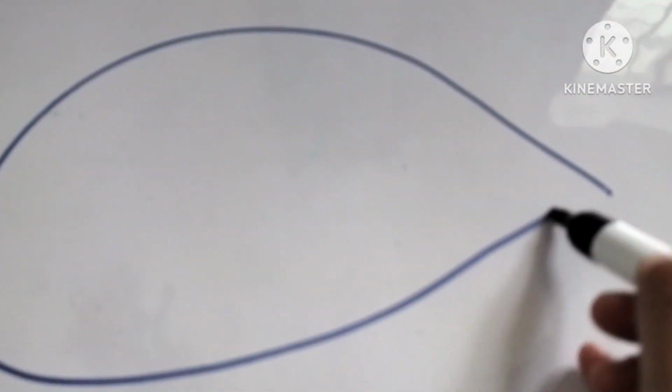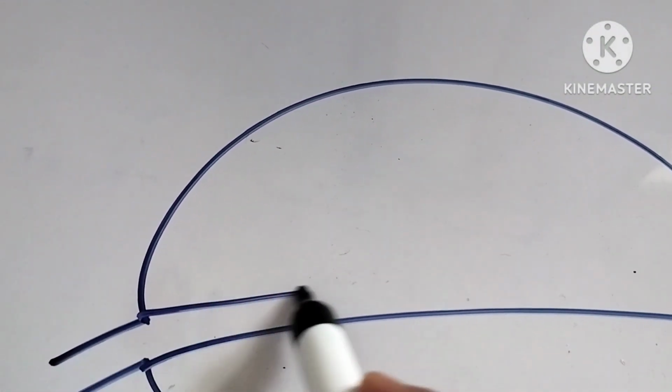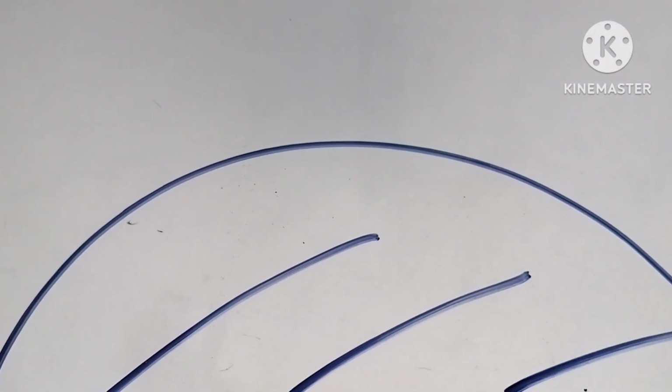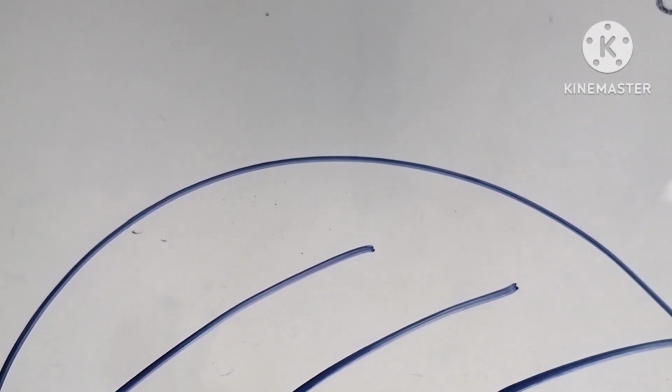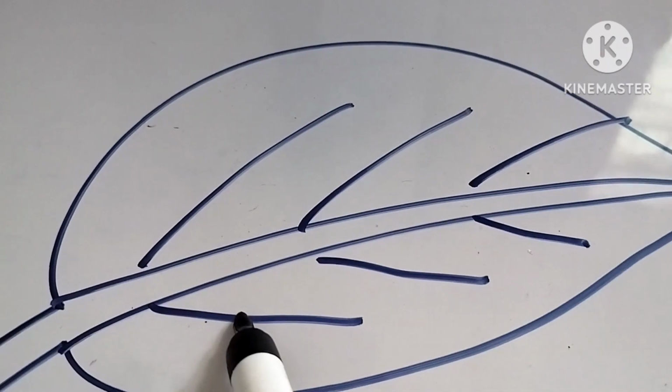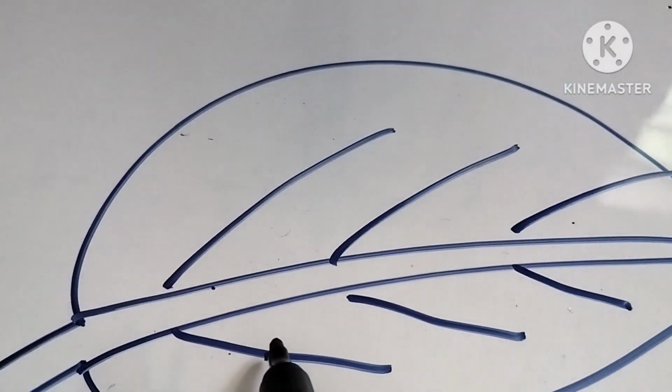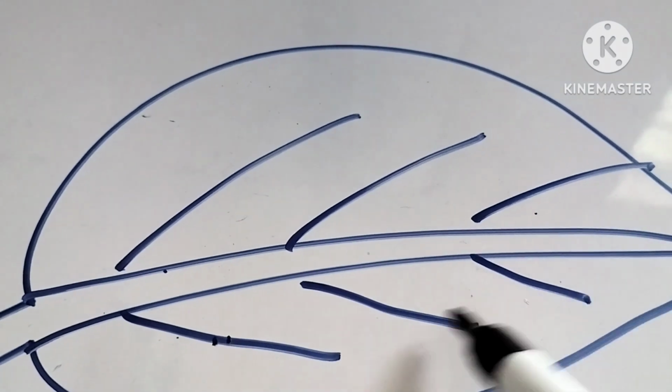I'm going to draw the leaf here. Now this is the leaf, and what are the structures of the leaf? You know very well, everyone. This one is the midrib, these are the lateral veins, this is the leaf lamina.